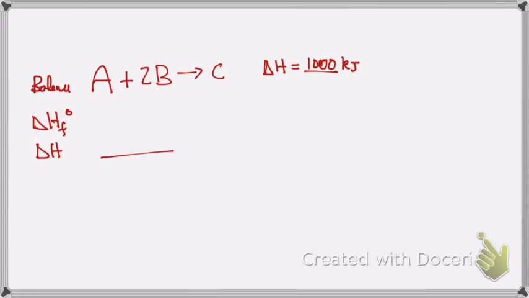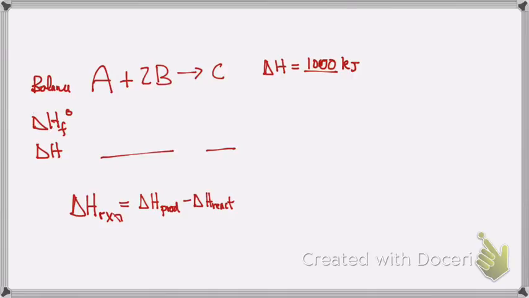Then the delta H of the reaction equals the delta H of the products minus the delta H of the reactants. Right? So that's the normal process.